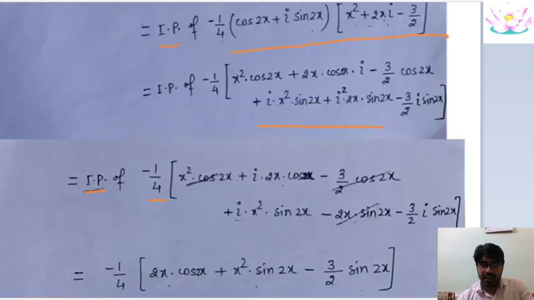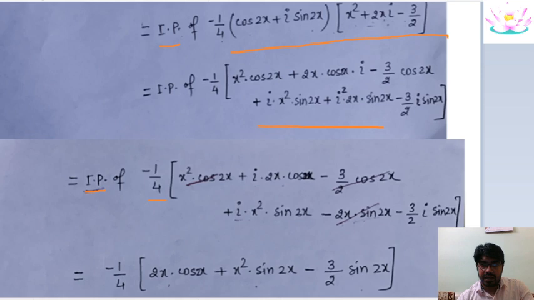First of all, this iota is imaginary part, this iota is imaginary part, this iota is imaginary part. I have taken only iota, means imaginary part, and all the real part I am just neglecting. See, like this and this.